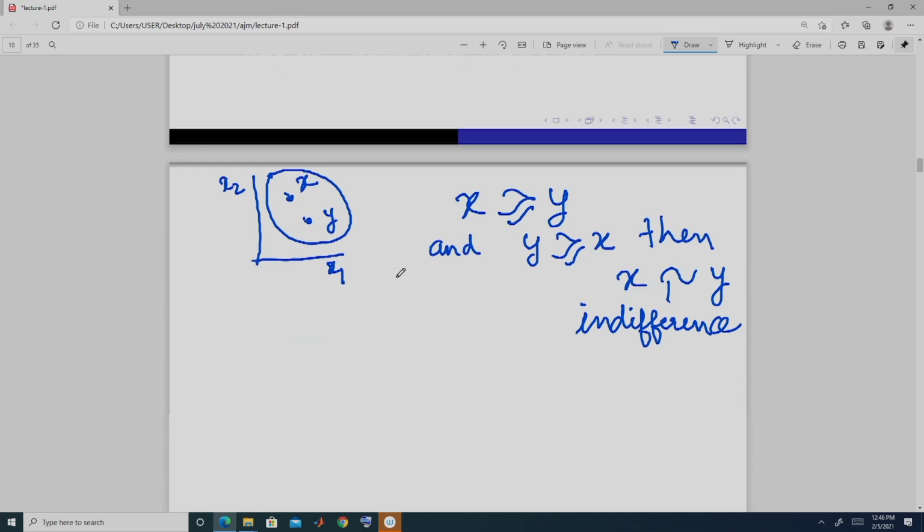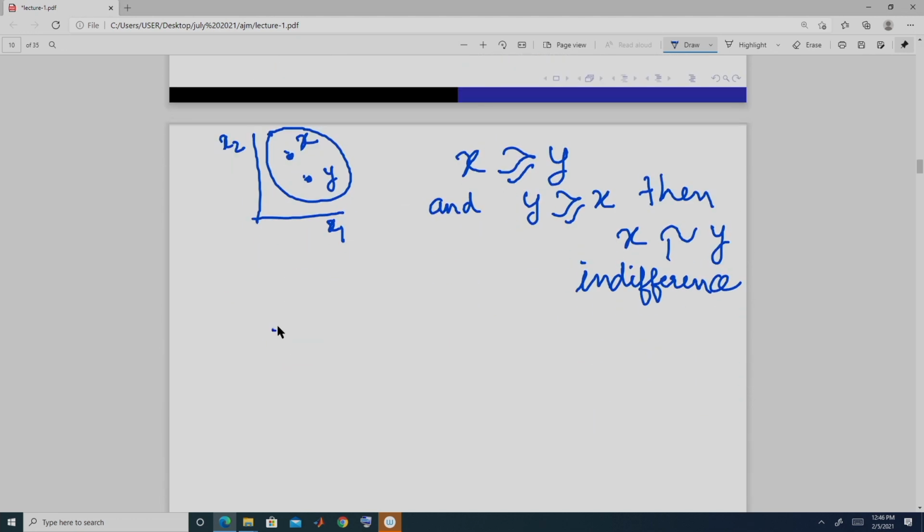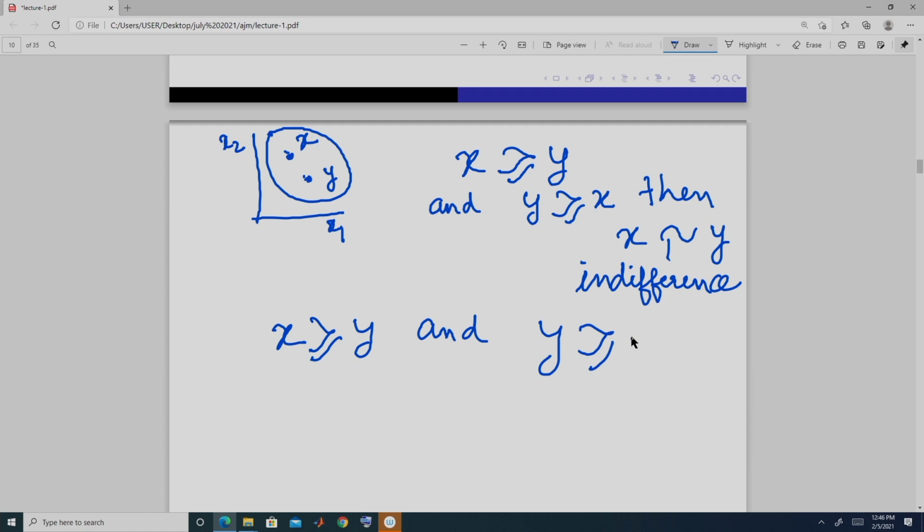Next, if we have x is at least as good as y and y is not at least as good as x, it is better to write it this way because then there is no confusion: y is not at least as good as x.